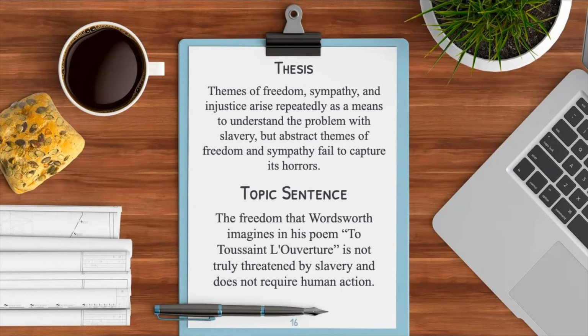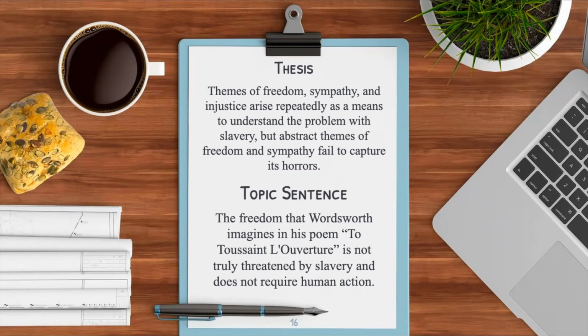Well, in their thesis, this student said that abstract ideas of freedom fail to capture the horrors of slavery. And here in this topic sentence, they're saying that this particular poem does not see freedom as truly threatened by slavery or requiring any human action to support it.